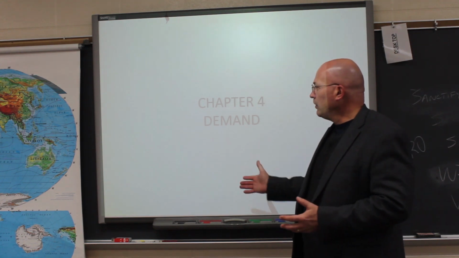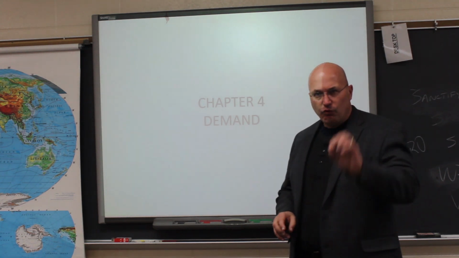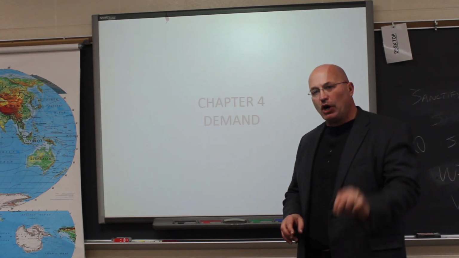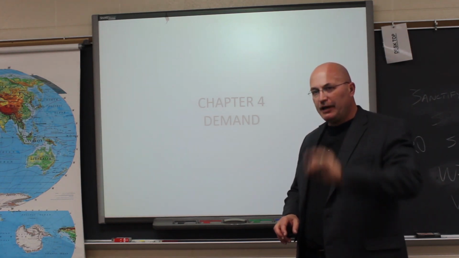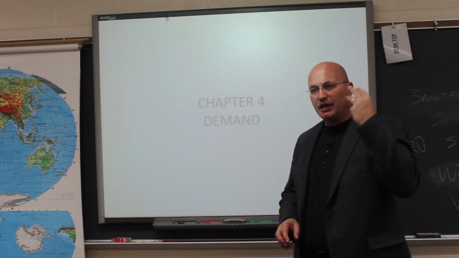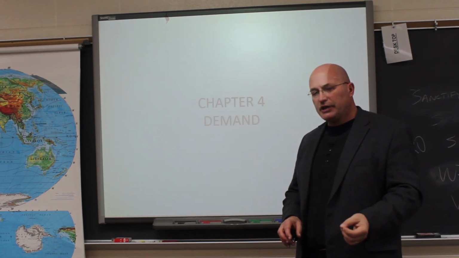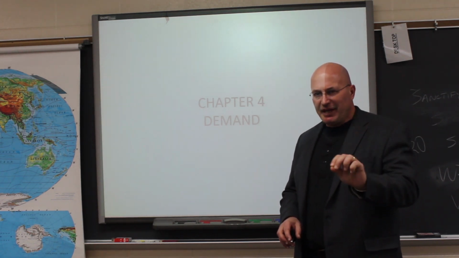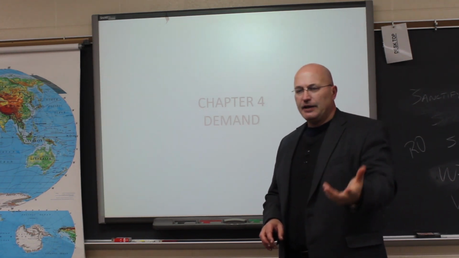We're now going forward, chapter 4, 5, and 6. We're looking at what makes a market system work. Three elements here: supply, demand, and price. We will look at them in the order of demand, supply, and then price.